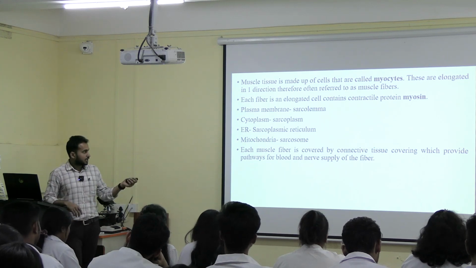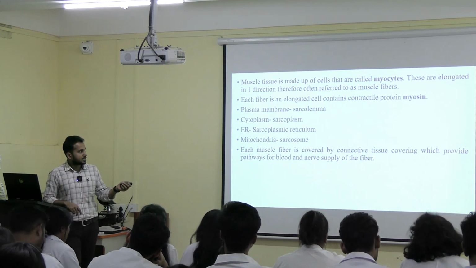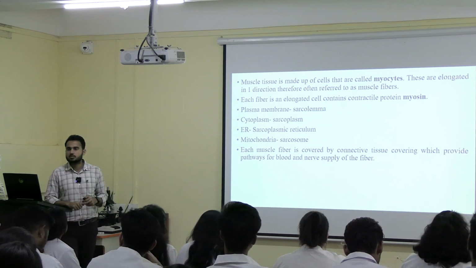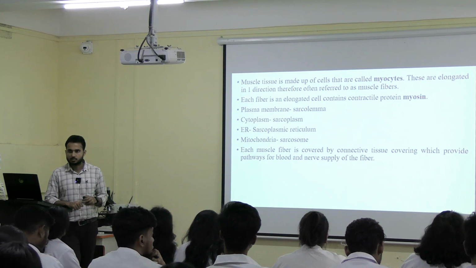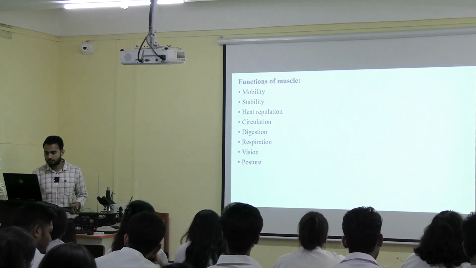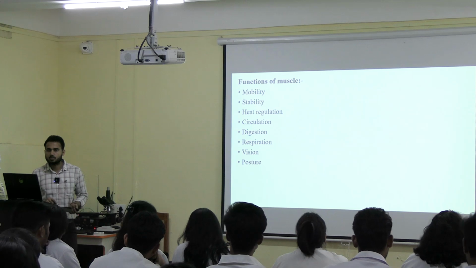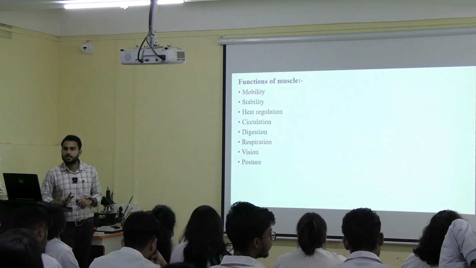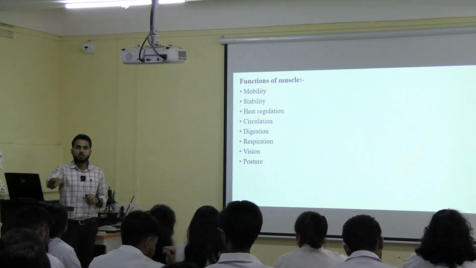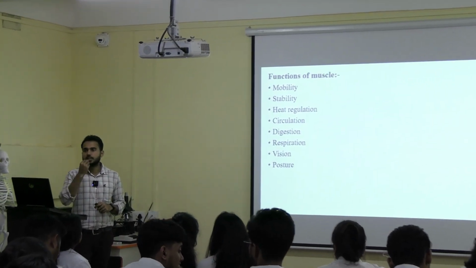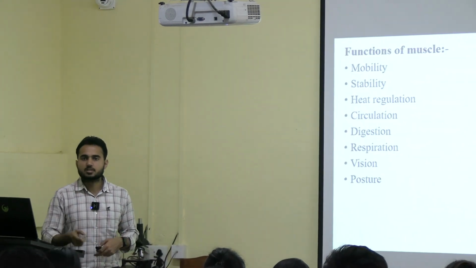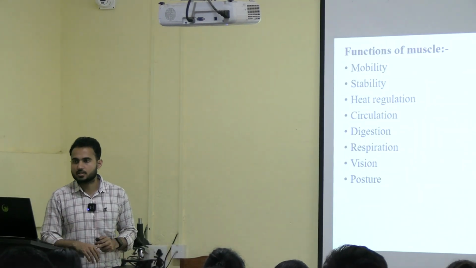Now each muscle fiber is again covered by connective tissue, so connective tissue coverings are also present in the muscle fiber. Next, these are some functions of the muscle as a whole. Mobility is very important, whatever movements you are doing, starting from locomotion, whenever you are chewing something, when food goes into the intestine, the peristalsis, everything is done by the muscles only.